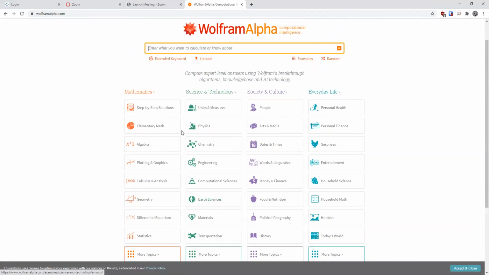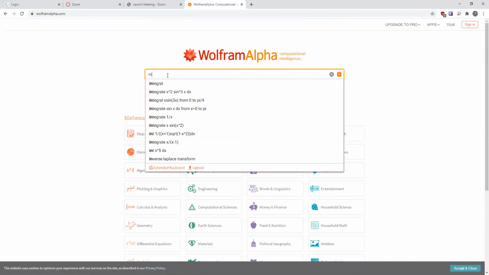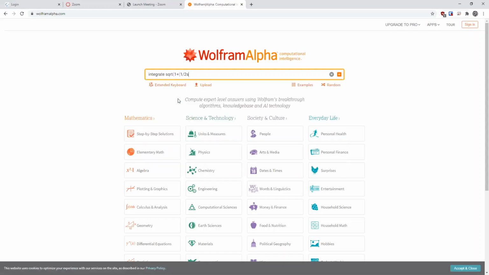And this one is set up so you can just tell it to do stuff. So if you type in integrate, it gives you examples, okay? It gives you integrate this from 0 to pi or whatever. If you just go integrate, and then it's square root of 1 plus, and then 1/2 square root of what, we'll put x.